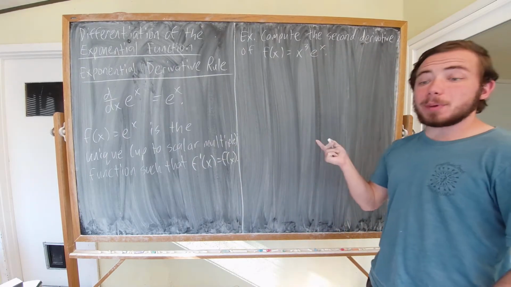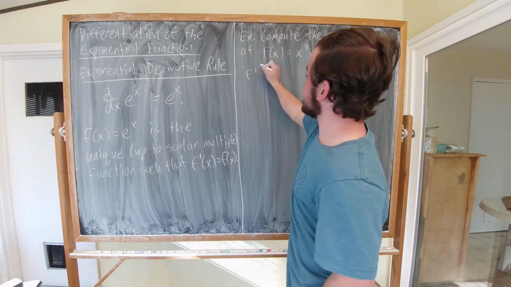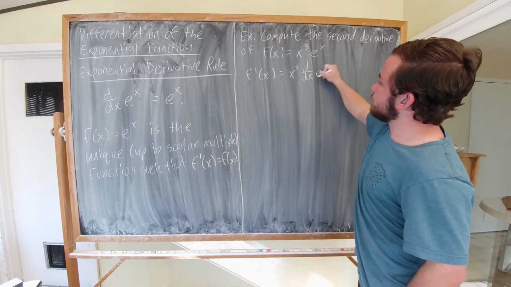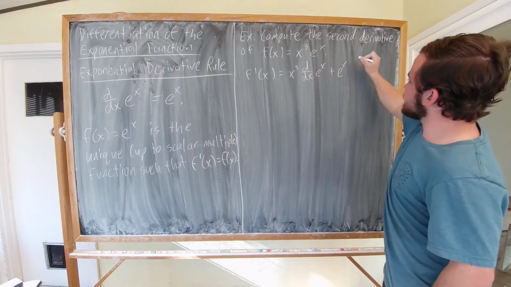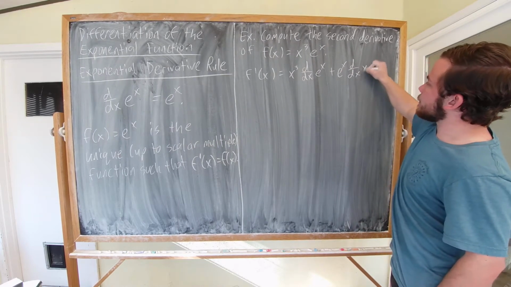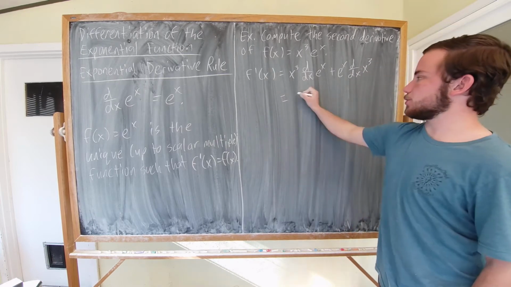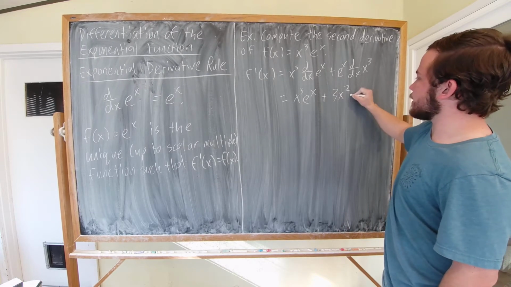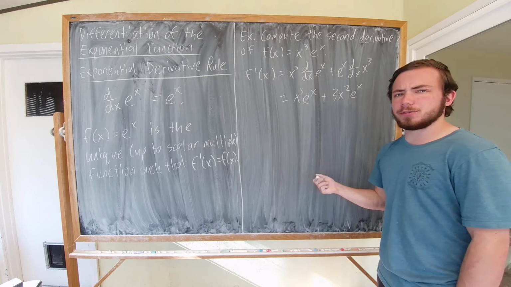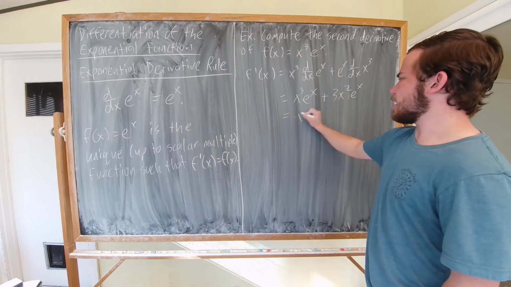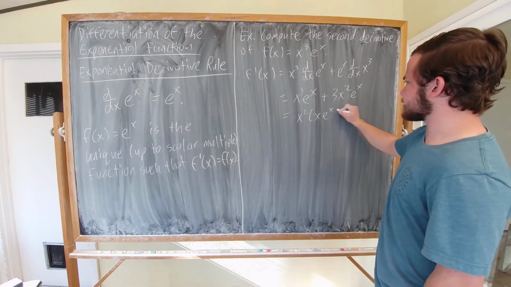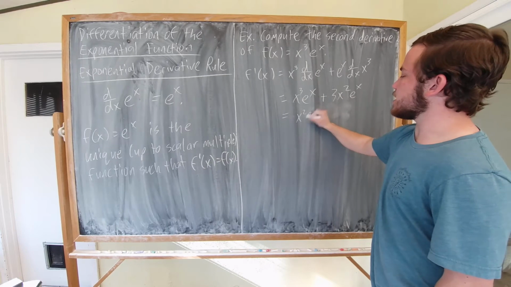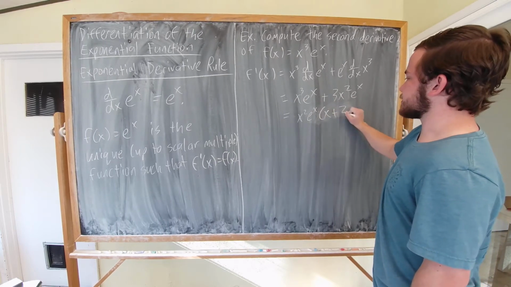By the product rule, f prime of x is going to equal first times derivative of the second plus second times derivative of the first, which is equal to x cubed e to the x plus 3x squared e to the x. If you fancy, you can factor and you would get x squared e to the x times x plus 3.